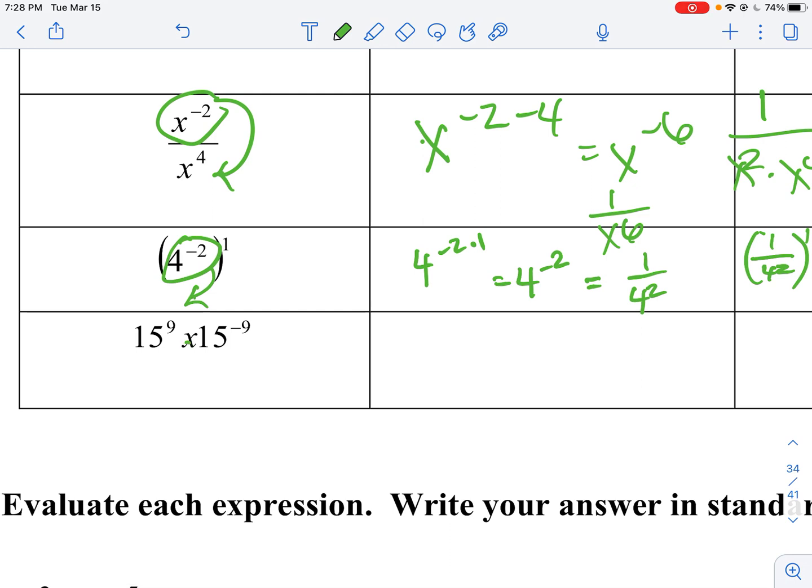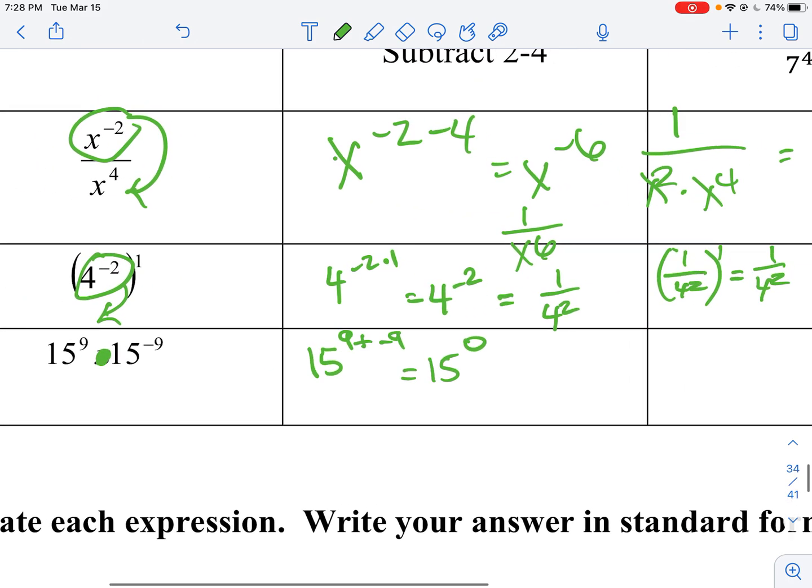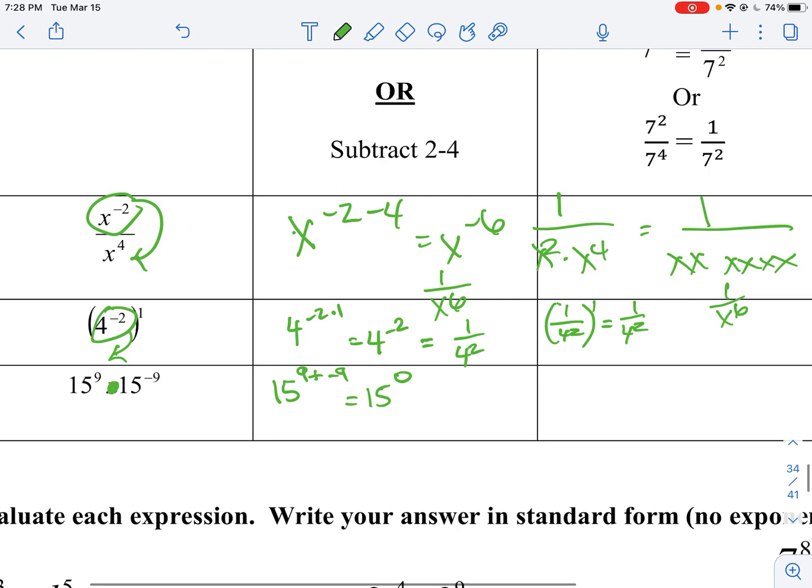Then this one, this sign means multiplication. I don't know why it's an X, but I forgot to change it. So here I would write down the base, 9 plus -9, which would get to the 0 power. This part would go to the denominator, and I would have 15 to the 9th over 15 to the 9th.